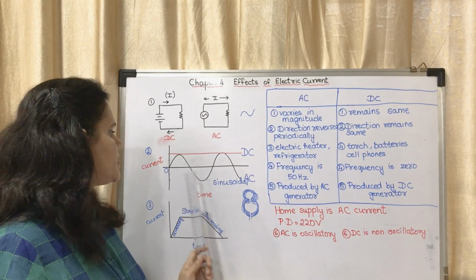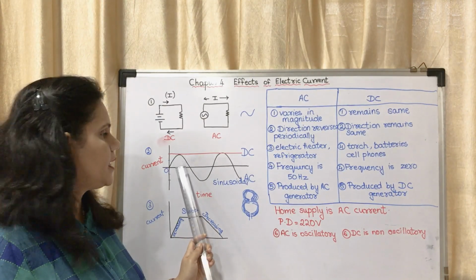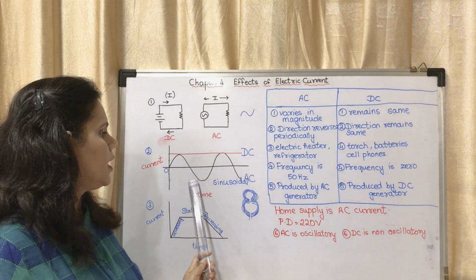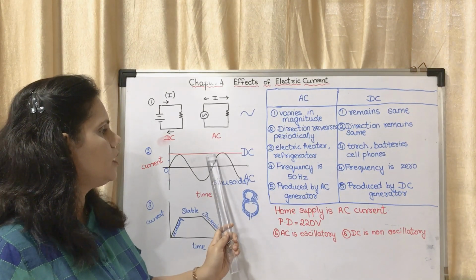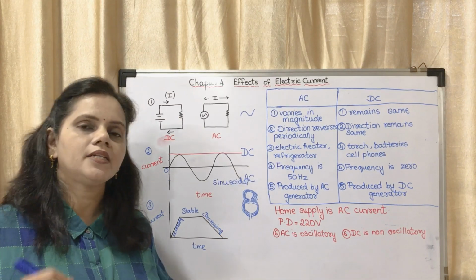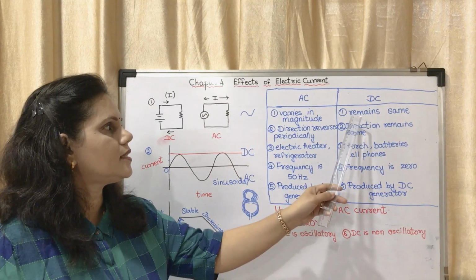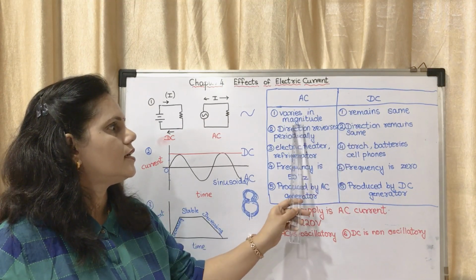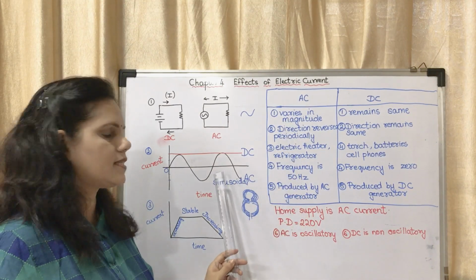Whereas in case of AC, the current is increasing to a maximum point, then decreasing, coming to 0, and then increasing in the opposite direction, then coming to 0. That means it is continuously increasing and decreasing. That means it varies in magnitude. So this is the graph.